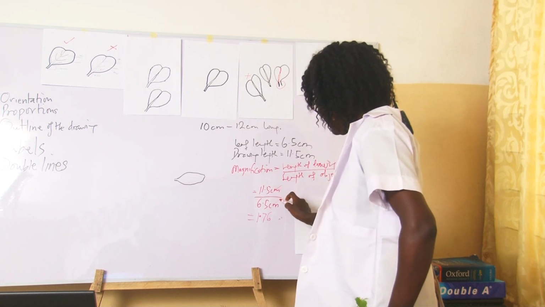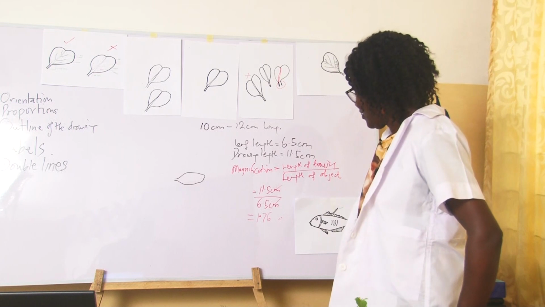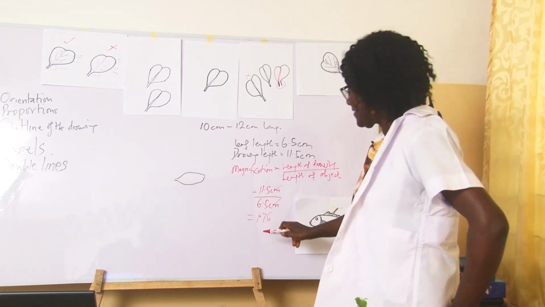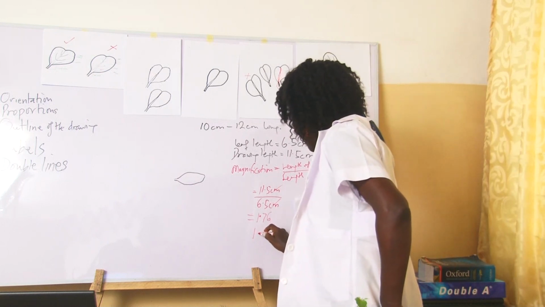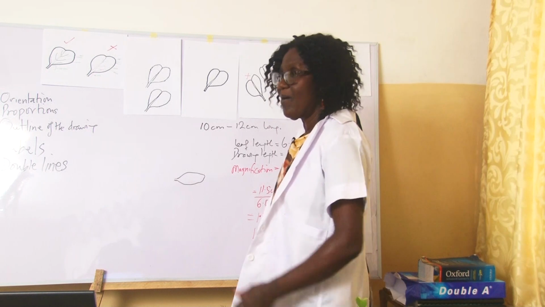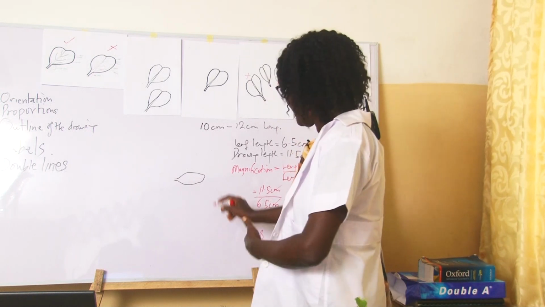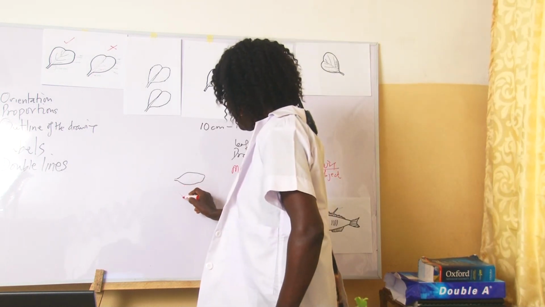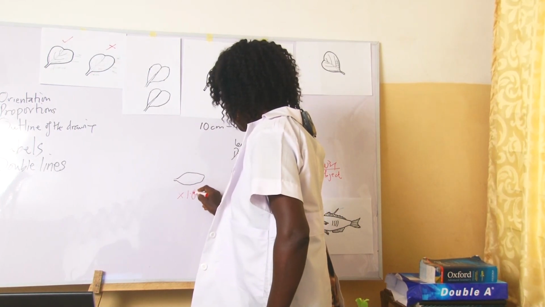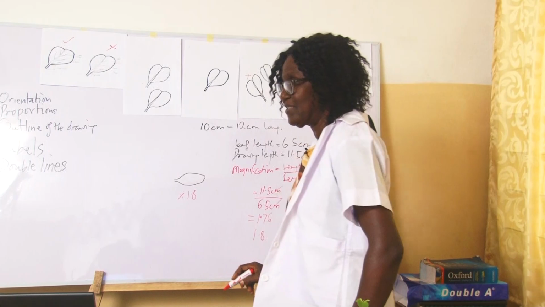The centimeters and centimeters cancel out, so we have 1.76. We round it off to 1.8. On our drawing, we just write somewhere, times 1.8. That's how we write magnification.